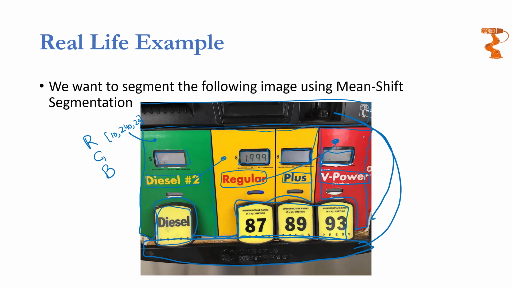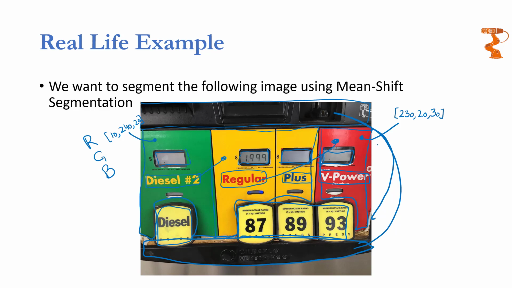In a similar fashion, this point, which is a red point, might be represented by a high value of red color, for example 230, a low value of green color, for example 20, and a low value of blue color, for example 30. So each pixel present in this image will be represented by three different values, and these three values are going to represent color.